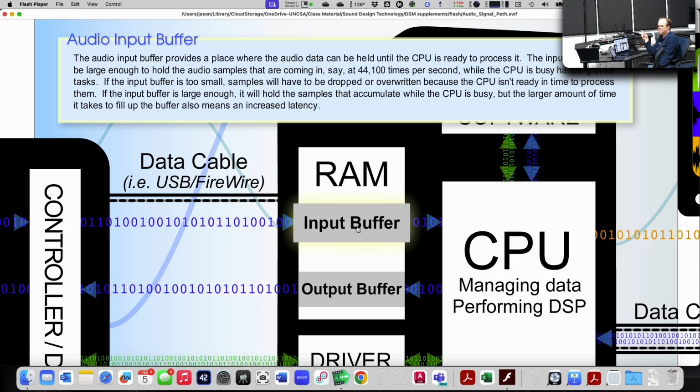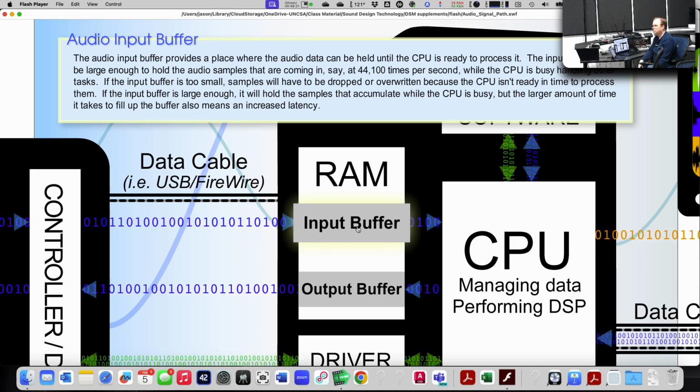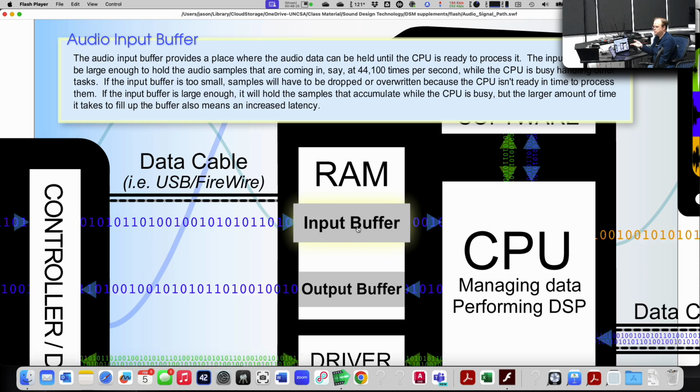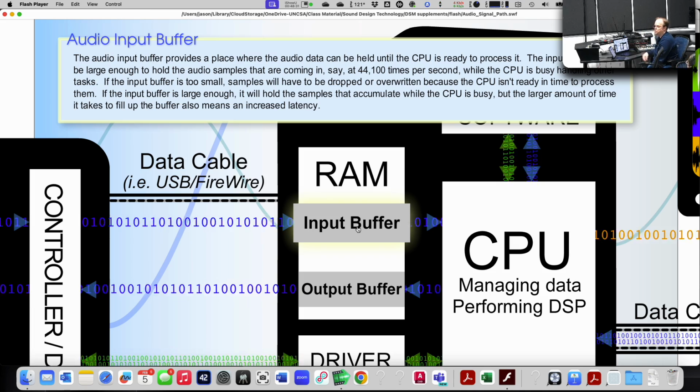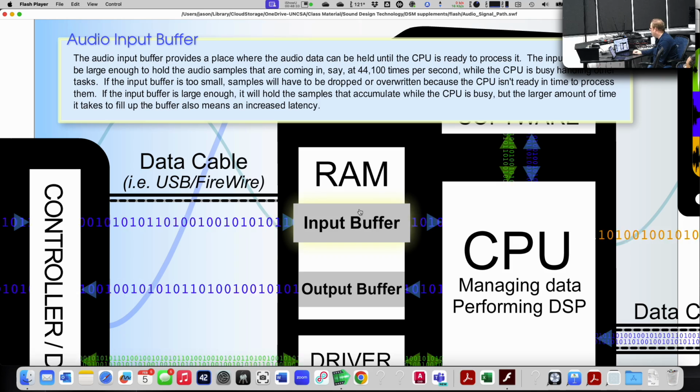You want the buffer to be big enough that you can reliably capture all the audio, but not so big that you've got too much latency. So that's something you can control in your software. Like in Logic and Pro Tools, for example, you can control the size of that buffer. That is a definable parameter by you. You can say how big you want that to be. Okay?